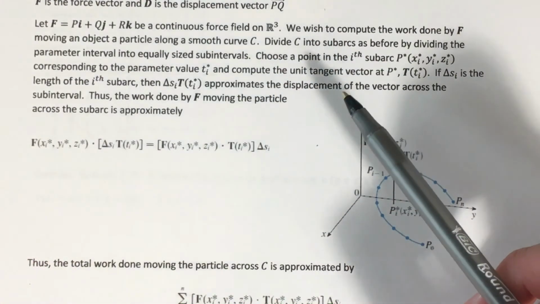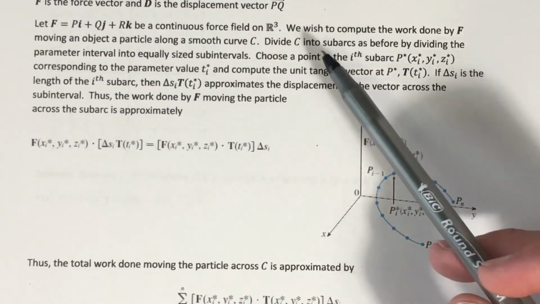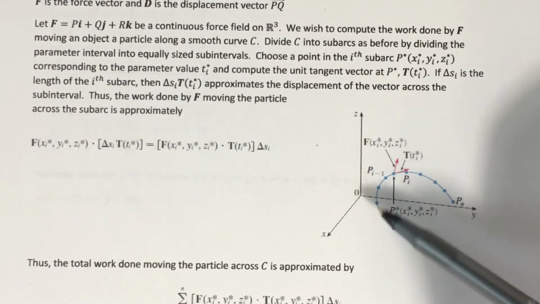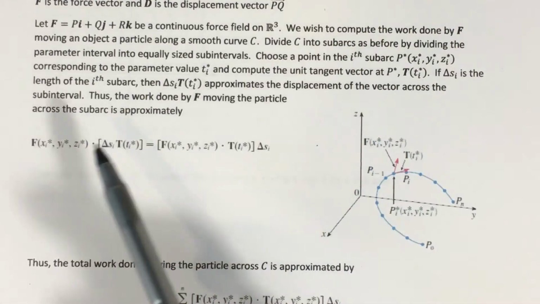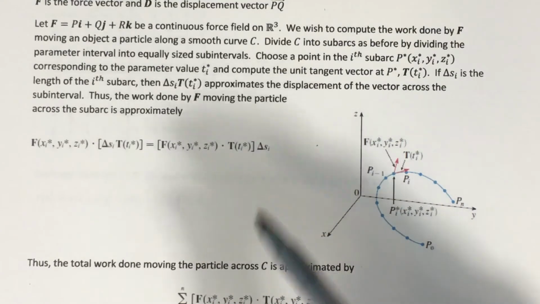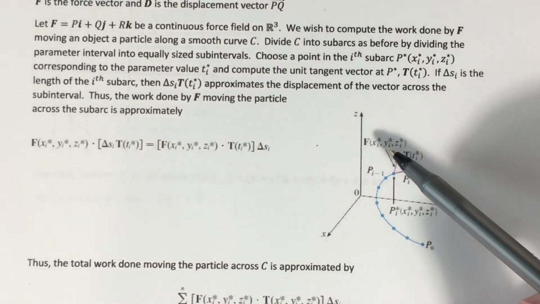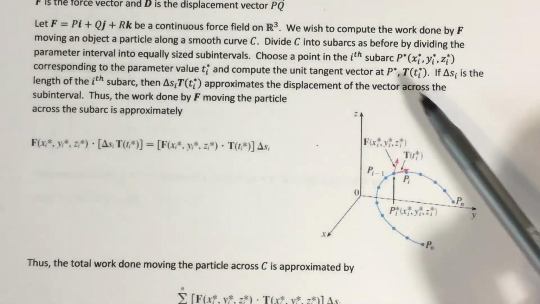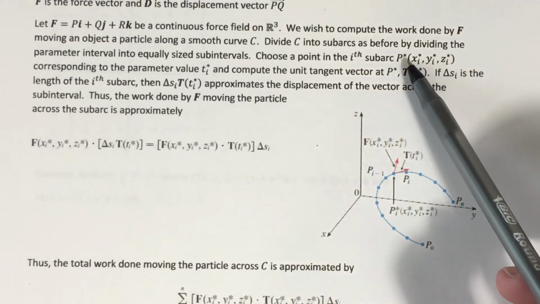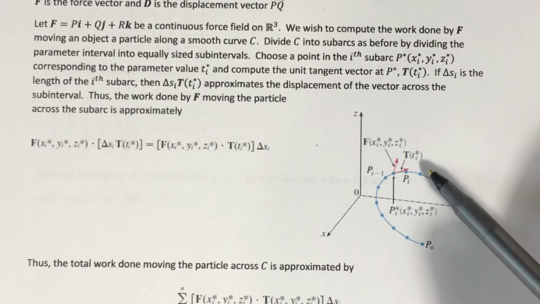So we're going to start out in a way similar to how we defined the line integral at the beginning of this section. We divide our curve C up into subarcs by cutting up our parameter interval into equally sized subintervals. And then in each of those subintervals for our parameter interval, we're going to choose a sample point, which is going to correspond to a single point in each subarc of this curve.